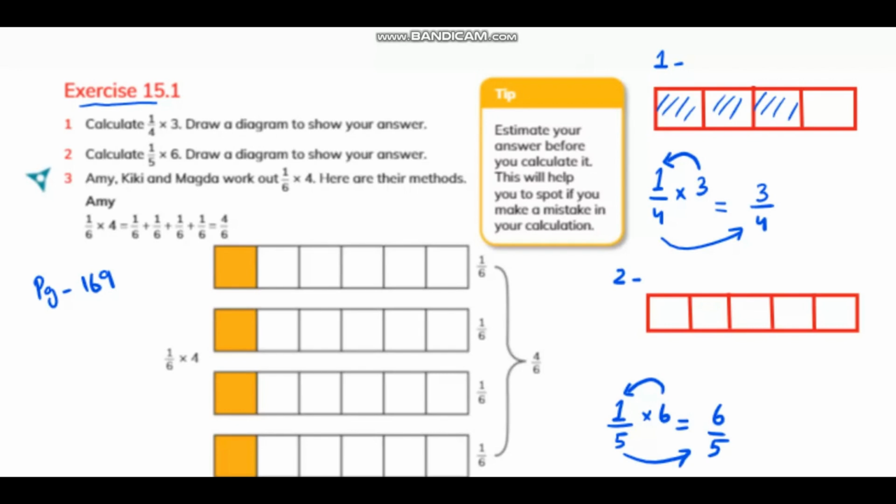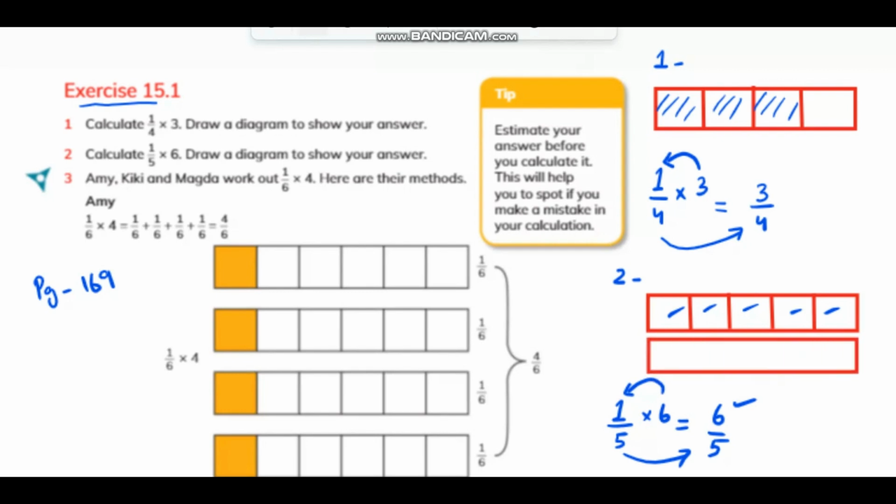Now look here, 6 by 5 means how many total parts do we have? 5: 1, 2, 3, 4, 5. And how many parts do we have to color? It's 6, but the total parts we have is 5, so how can we color 6 parts? For this we have to draw one more diagram with 5 parts. I'm going to draw here now.